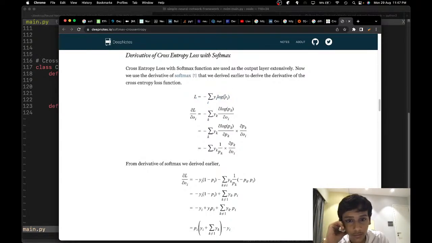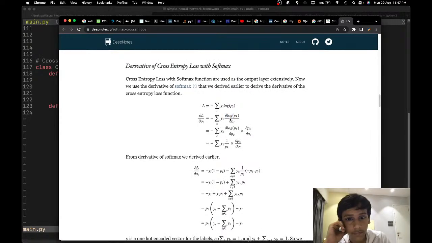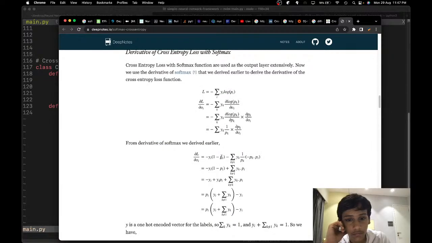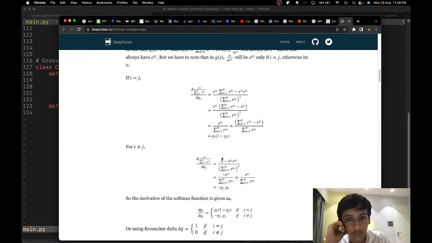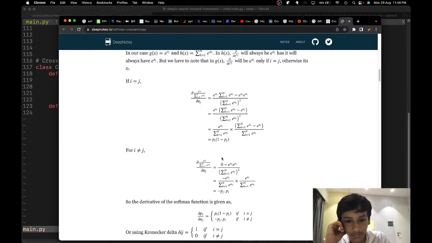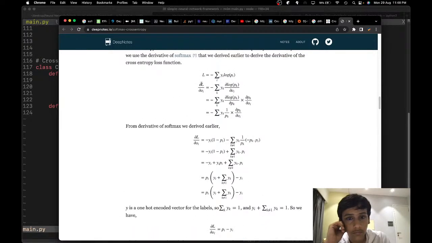Alright. So we have the log of pi, and then we do that, and so we get, from the derivative of softmax that we got earlier, del L by del y, 1 minus pi.